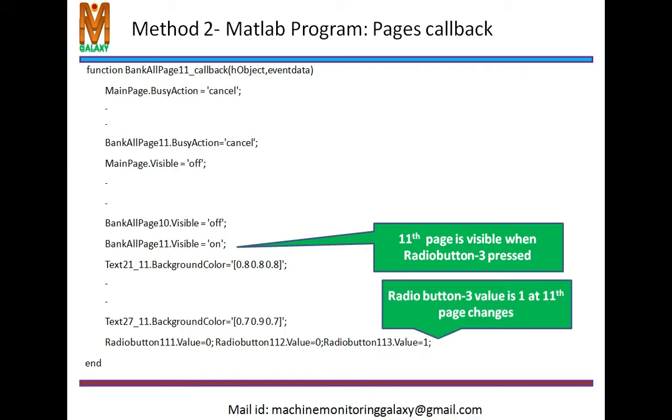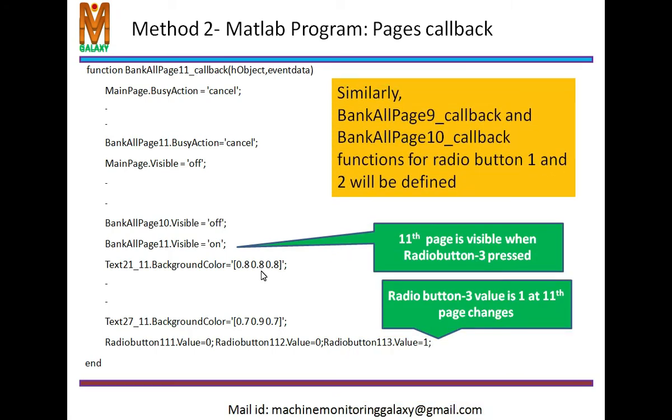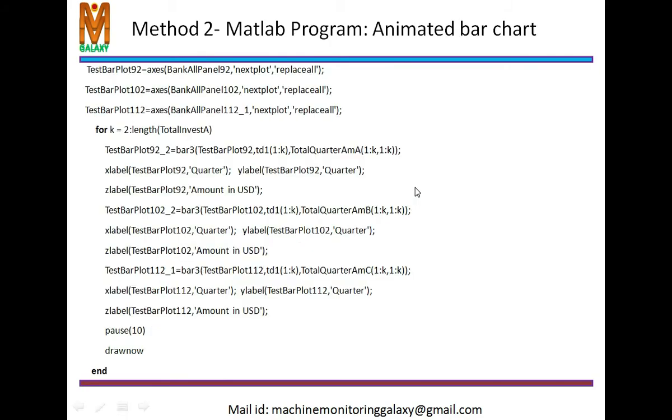They are interconnected. Radio button 3 and page 11 are interrelated. Similarly, the 9th page and radio button 1, the 10th page and radio button 2 are related. So we can have the callback function of the pages and radio buttons 1 and 2.